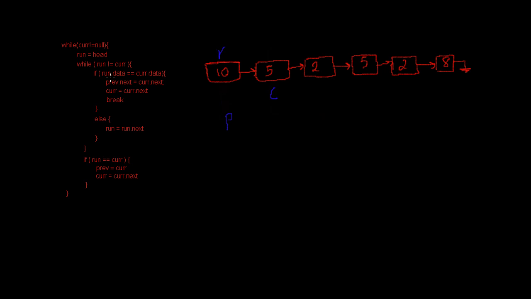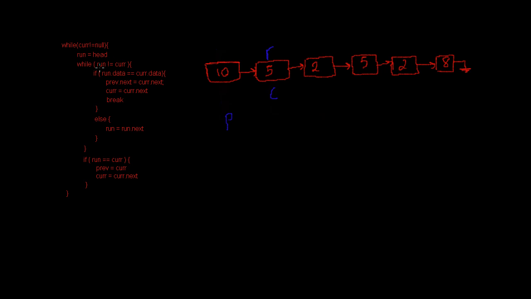So this statement, runner data is equal to current data, is going to check for duplicates. So in this case, we don't have any duplicate yet. We're going to go to this else statement. Else statements tell us to move our runner to the next node. So runner is going to be now here.